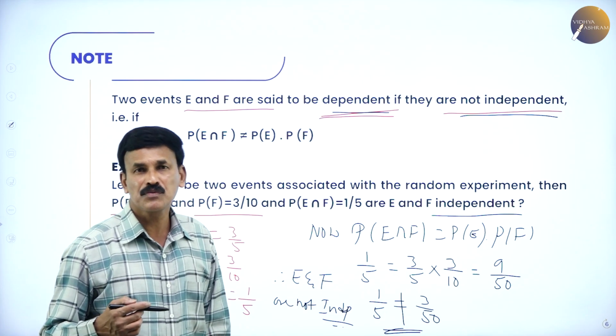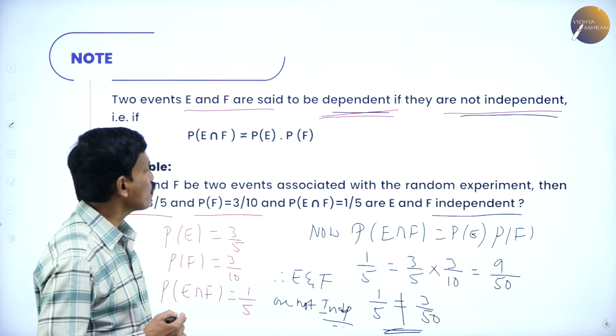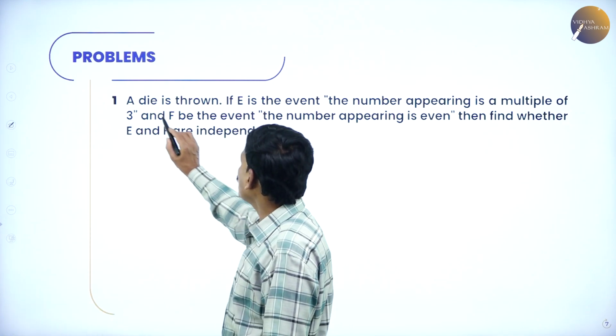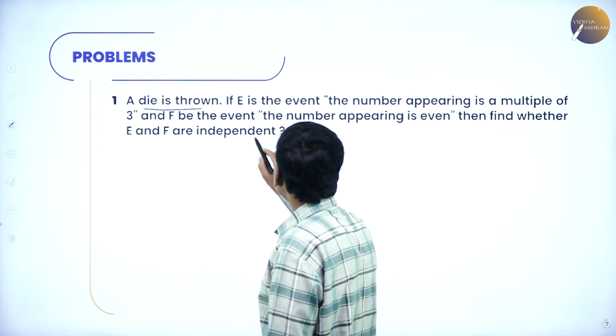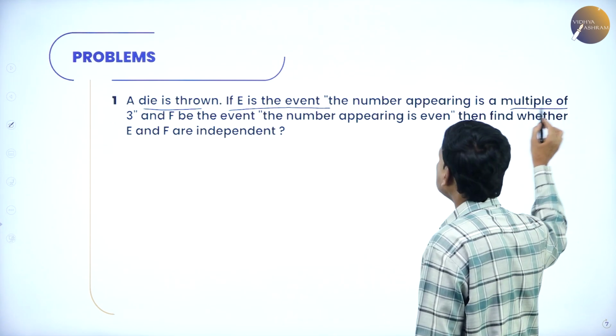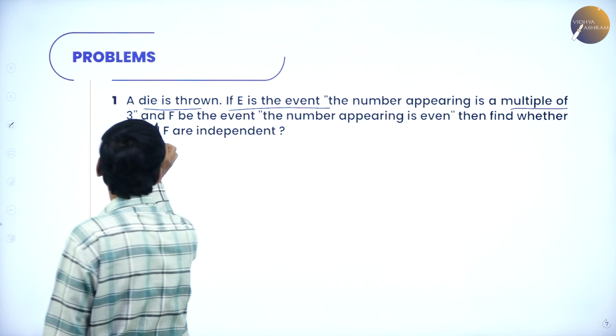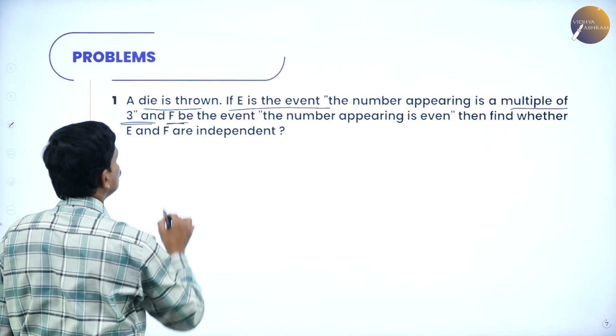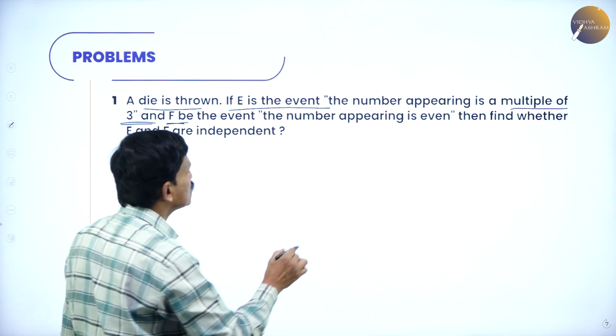Now let us discuss few more problems based on this. Now let us come to this problem. A die is thrown, so we are going to throw a die. If E is the event that the number appears is a multiple of 3, and F be the event that the number appears is an even number.